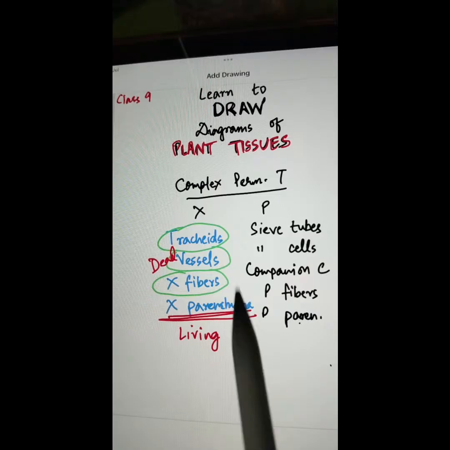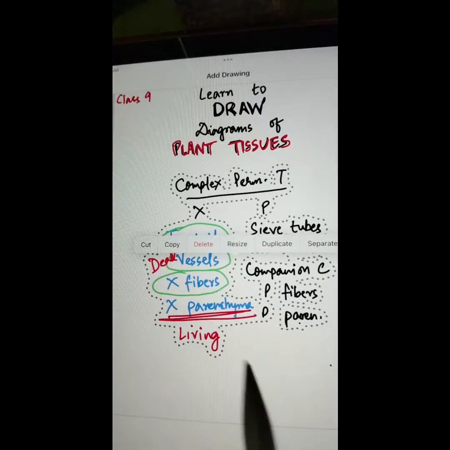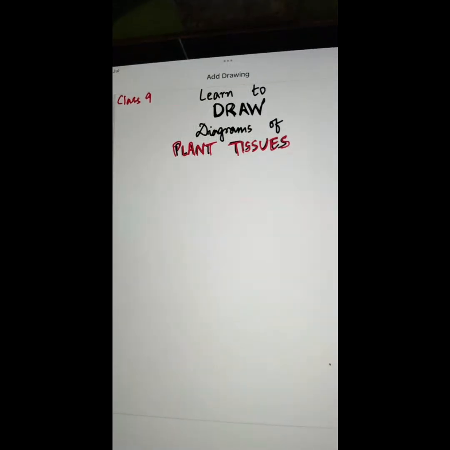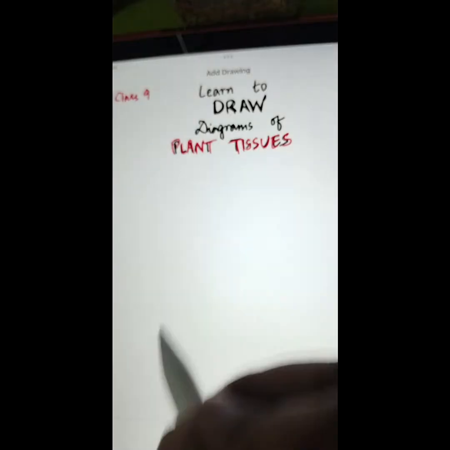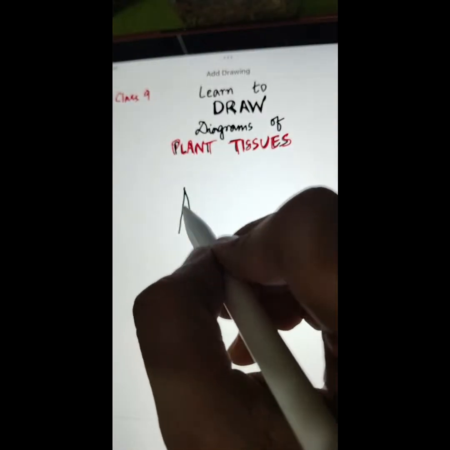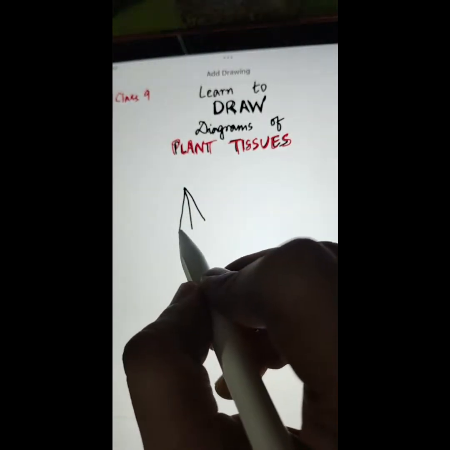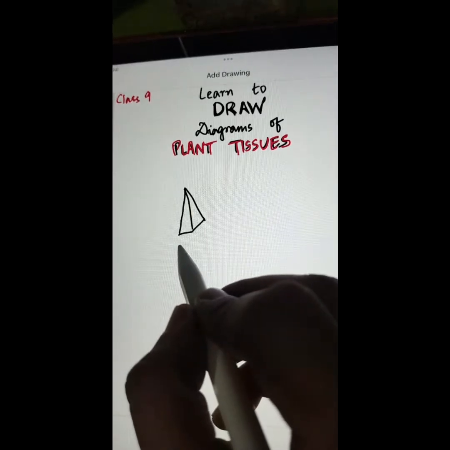So let's go ahead and draw the diagram of xylem and its components first. So a tracheid is drawn like this. In your book, there is a point being written.